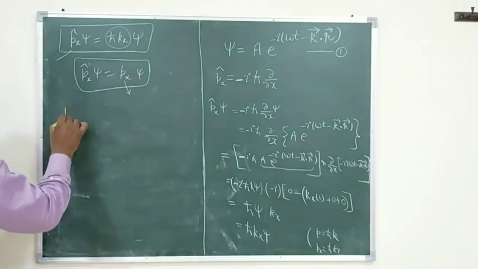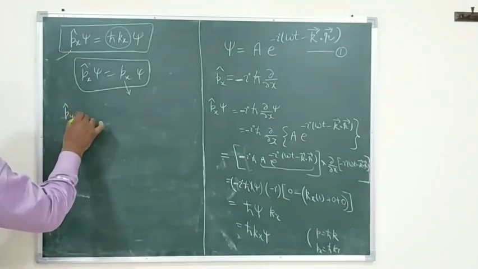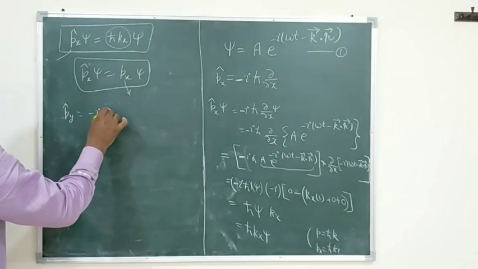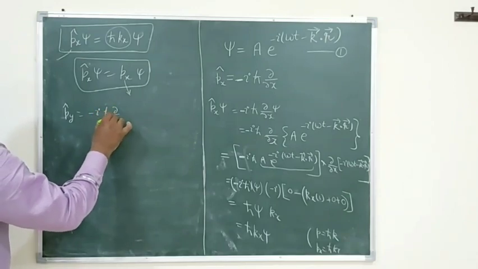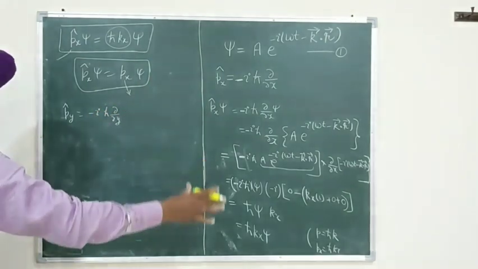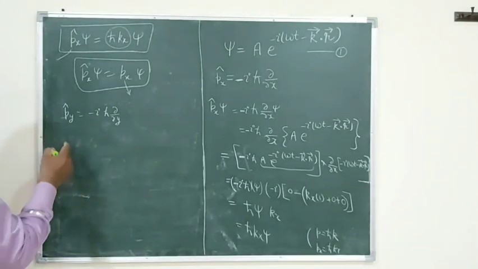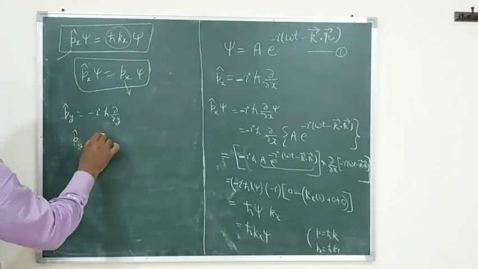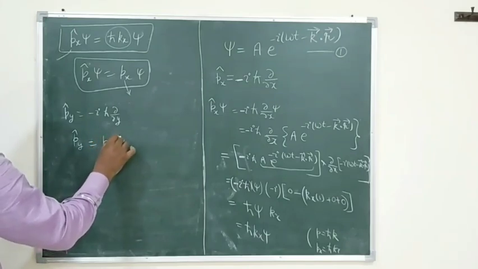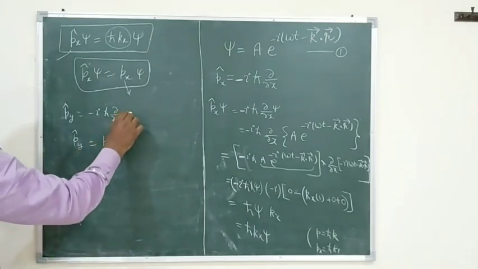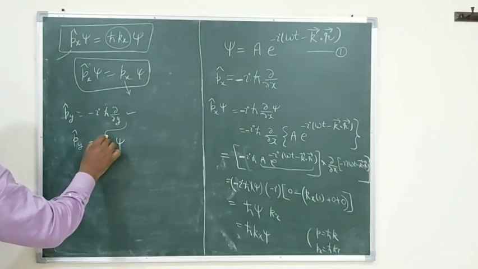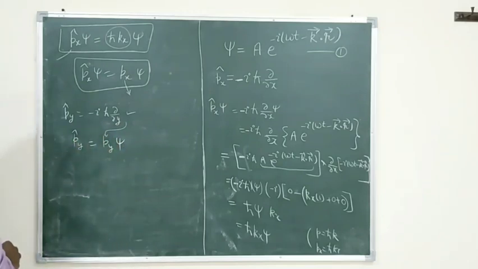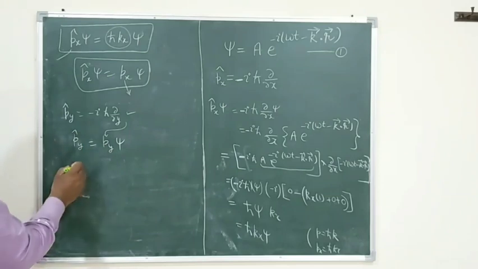Similarly, I can have py cap, which is equal to minus iota h cross curly y. If the whole of this process is repeated for this operator, you would get py cap psi is equal to py psi. So this operator gives me the magnitude of the y component of linear momentum.